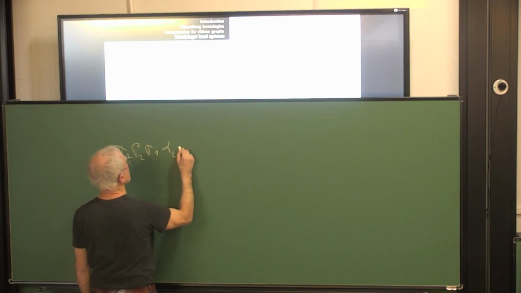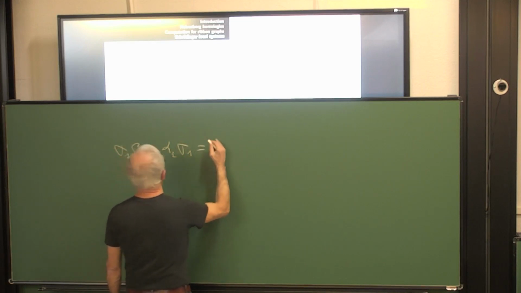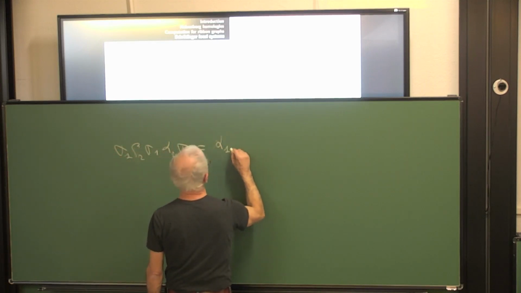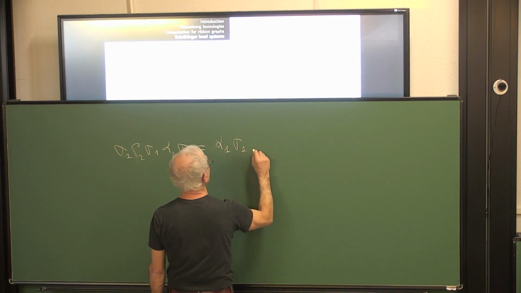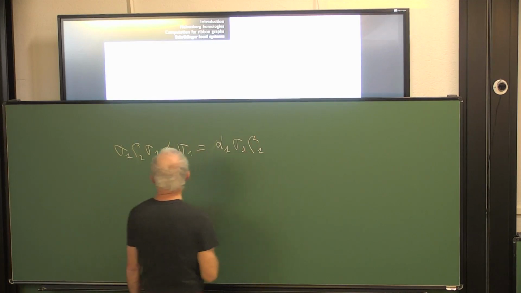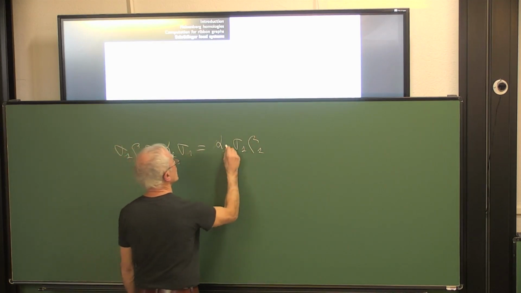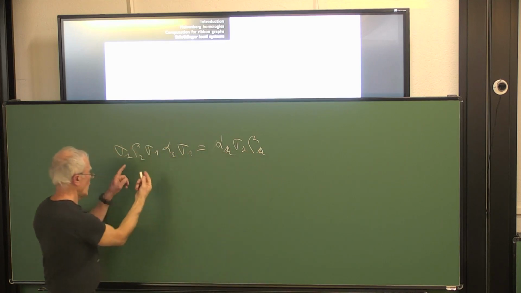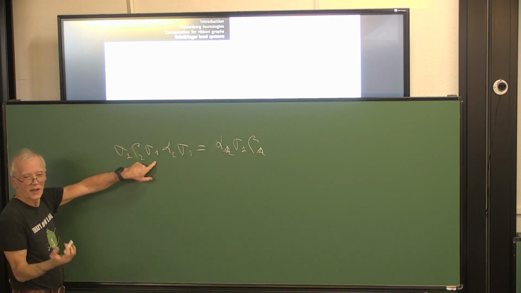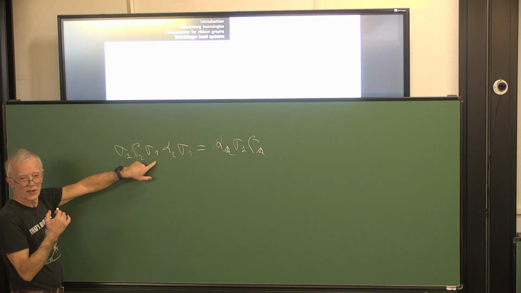Let's say sigma 1 equals alpha 1, sigma 1, beta 1. I explained that if you make everything commutative, then it's not good.